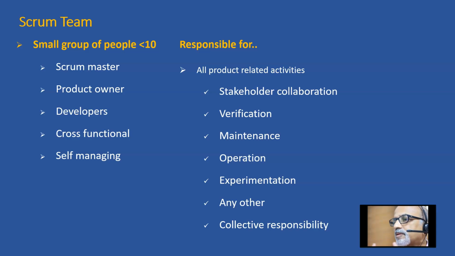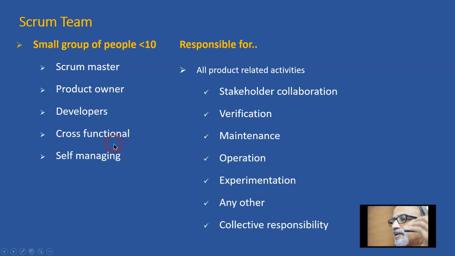There can be people who know testing, there can be people who understand coding or engineering or architecture. So it is a cross-functional team, but there is only one designation, that is you are a team member within a Scrum team.